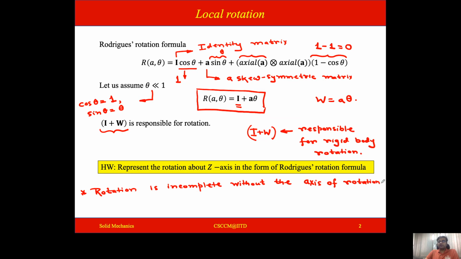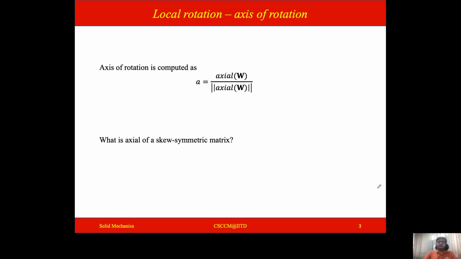If you want to tell me that this is the rotation, you will also have to tell me about which axis, because there can be an infinite number of axes in a 3D space, and rotation can take place about any of these axes. So this rotation that we're talking about, which results from I plus W, is about which axis, that we have to define. And there is a nice formula that does it.